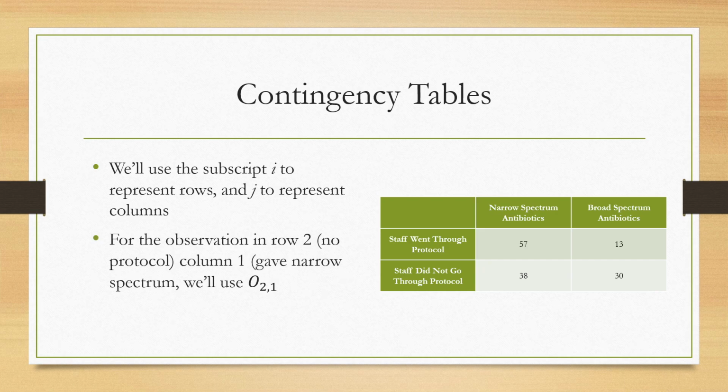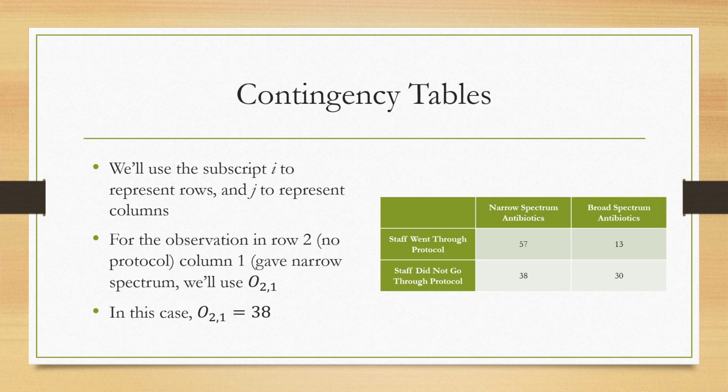All right, so for the observation of row 2, that is, they did not go through the protocol, column 1, that is, they gave a narrow spectrum antibiotic, we'll use O sub 2,1 to represent the observation in row 2 and column 1. So you'll see i, comma, j as a general representation, and the O notation used to represent an observation.